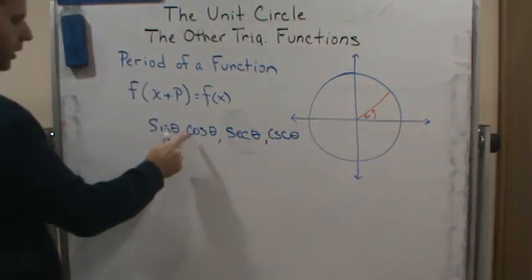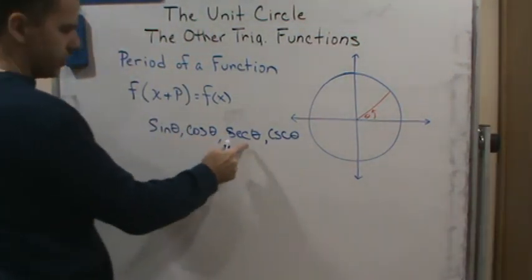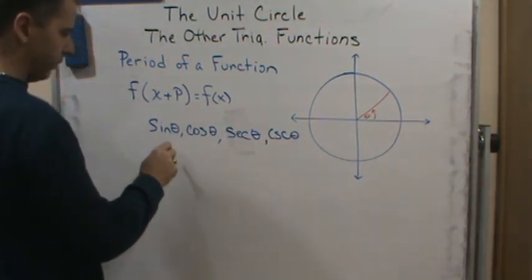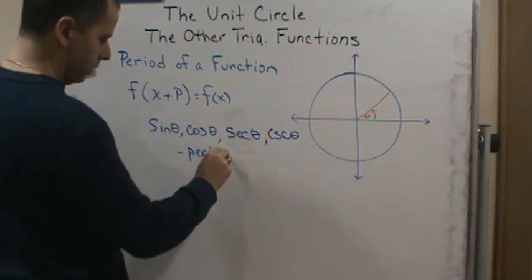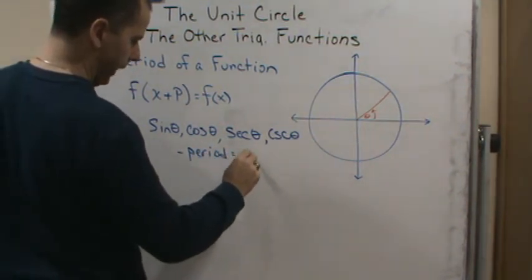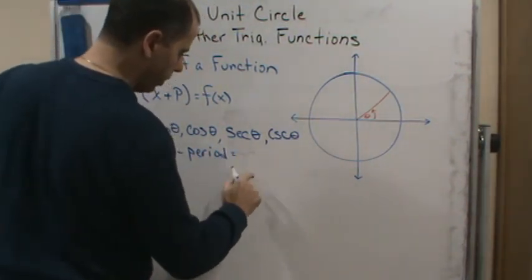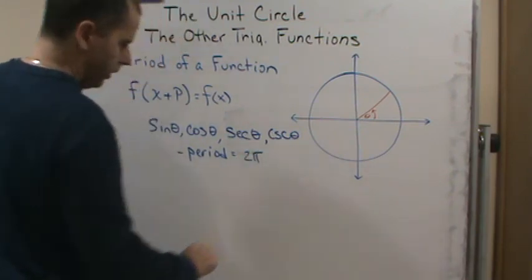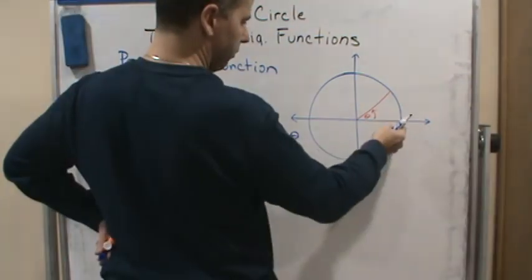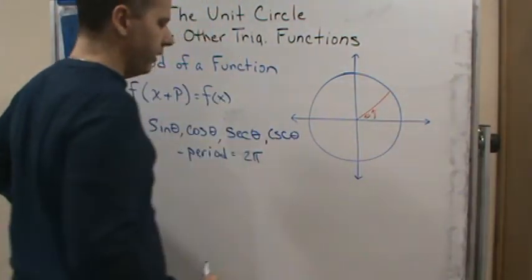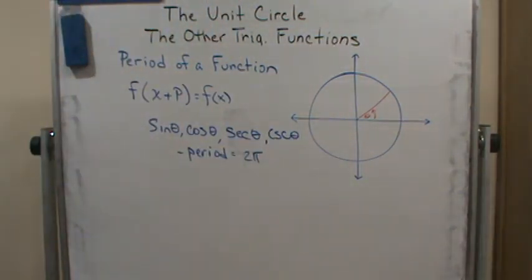So sine and cosine, and then the reciprocal functions all have a period equal to 2 pi. So every 2 pi radians, which is one revolution, or every 360 degrees, they repeat the pattern.